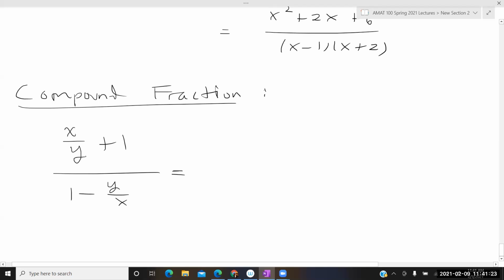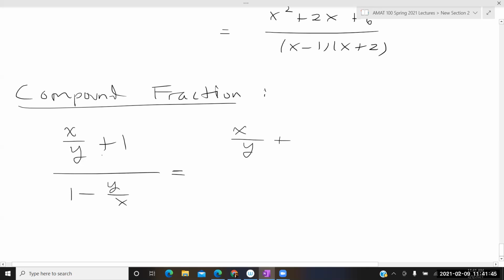So we want to find a common denominator for each, the numerator and the denominator. You just want to deal with the numerator and denominator separately.